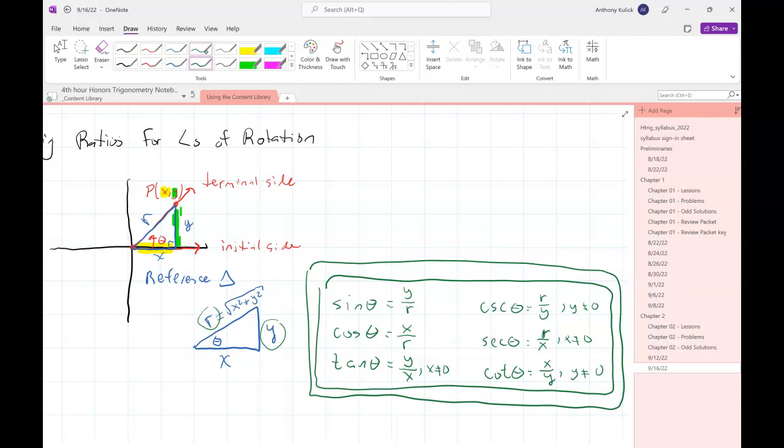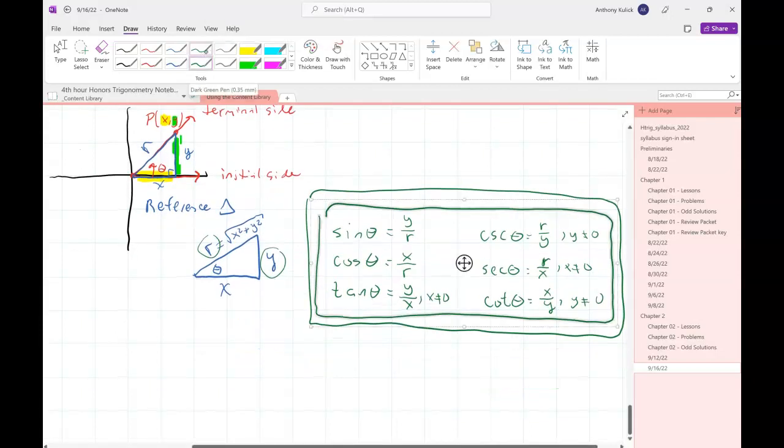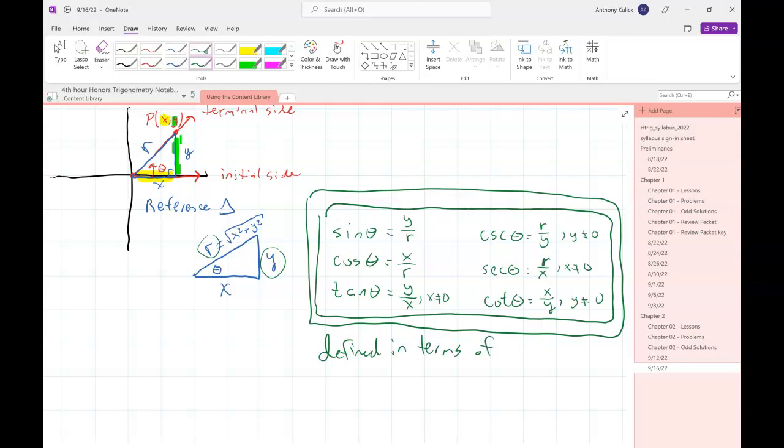We have translated the definition of sine, cosine, tangent from using the side lengths in an acute right triangle to using the point on the terminal side of our standard position angle. Everybody's okay with that?